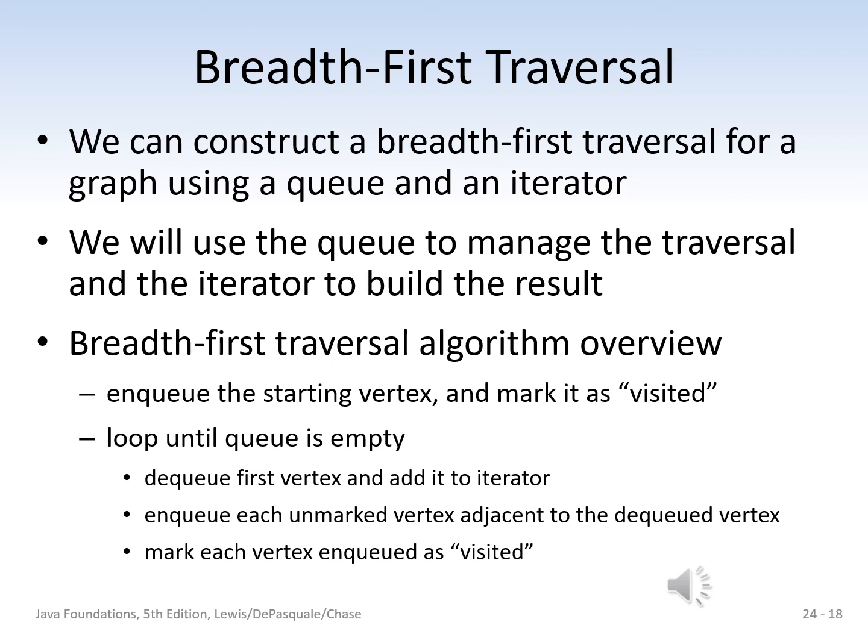Enqueue the starting vertex and mark it visited. And loop until the queue is empty. Dequeue the first vertex and add it to the iterator. Enqueue each unmarked vertex adjacent to the dequeued vertex and mark each vertex enqueued as visited, and continue to loop until the queue is empty.